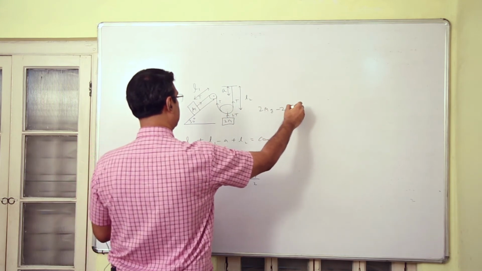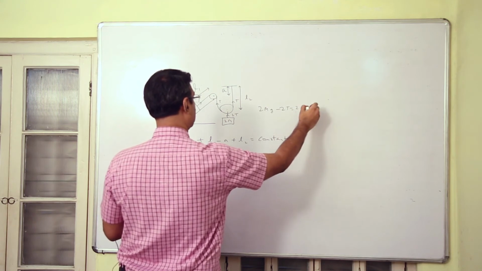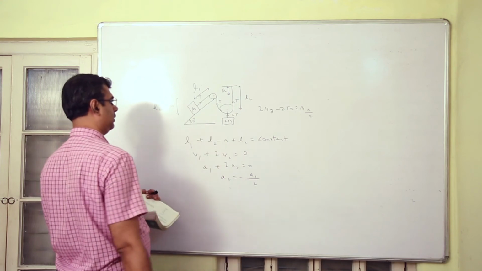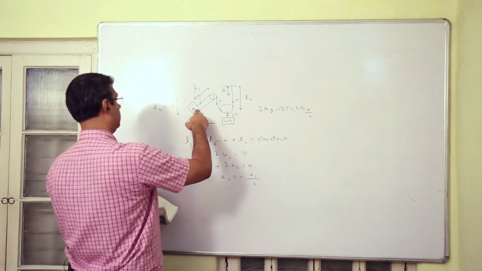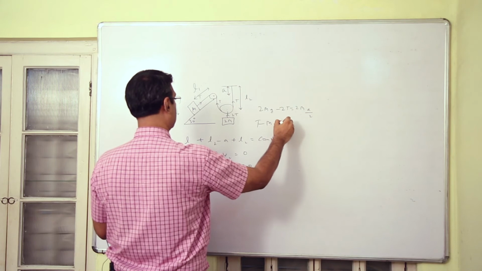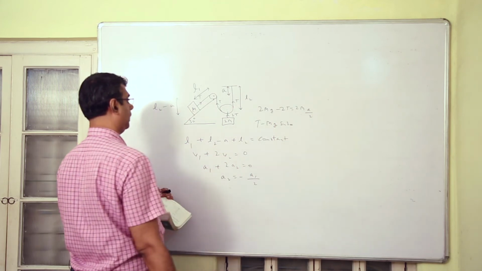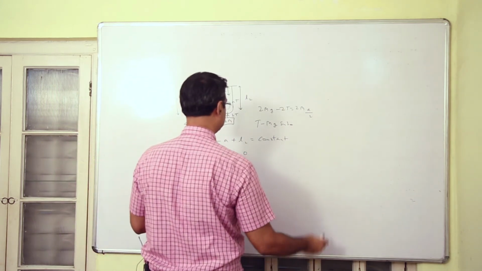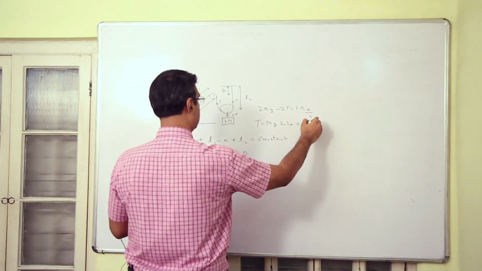So 2 mg minus 2T will be equal to 2m into half A. Like I said, if the acceleration here is A, this will be half A. If you are talking about this block, then T minus mg sin theta, because if this is going down, this has to go up, is equal to m into A.